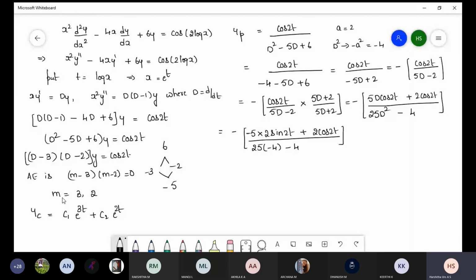From the numerator I take 2 as common, so minus 2 here I will write minus 5 sin 2t plus cos 2t. When you add 25 into 4, that is 100, so minus 100 minus 4 is minus 104. Two ones are two, two twos are 52.